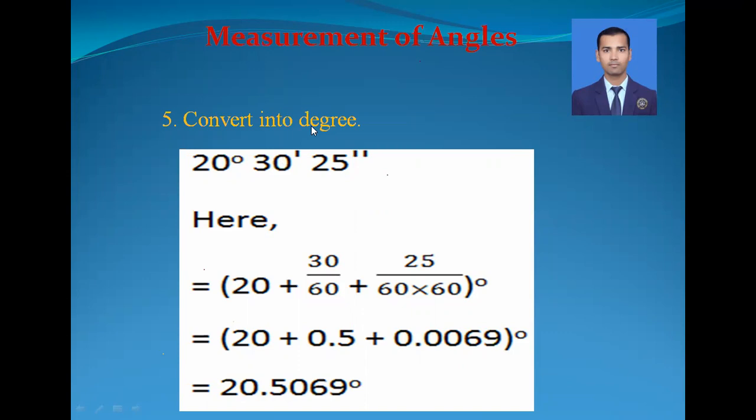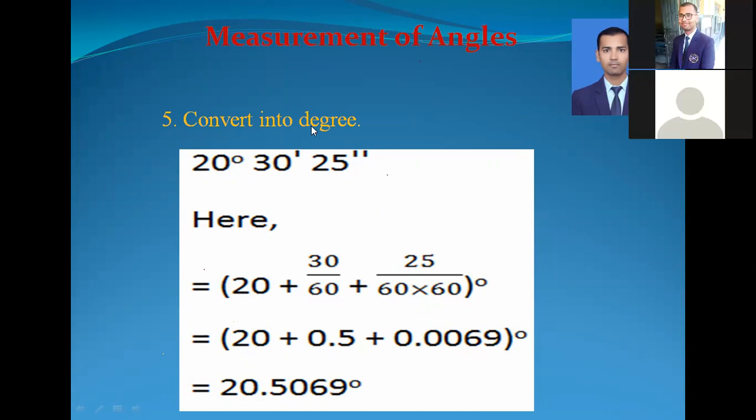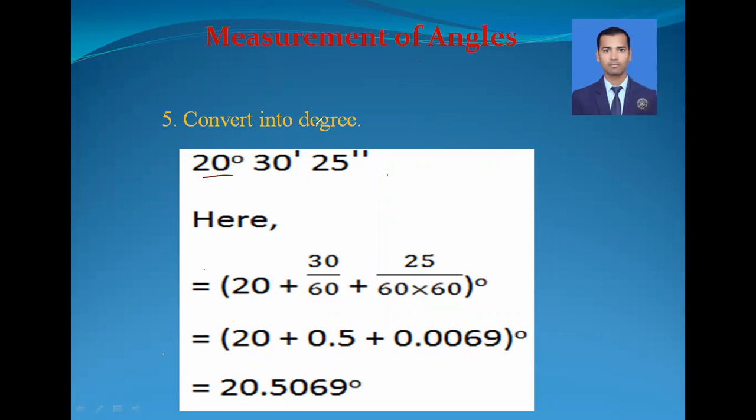We compare our question to the table that is given to us, as in the first, that is degree. Because the question commands us to find the answer in degree, we don't need to do anything with degree. We should convert minute and second into degree.